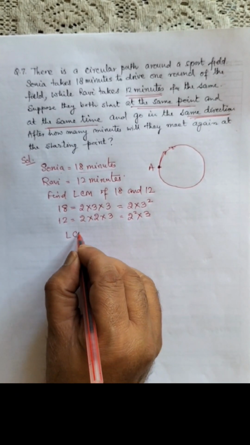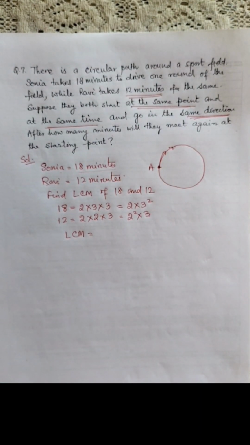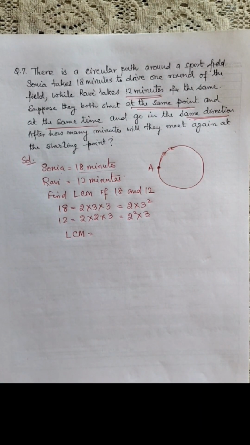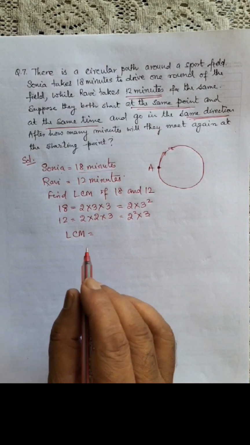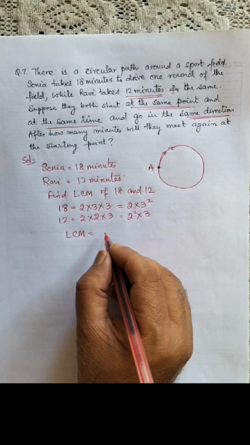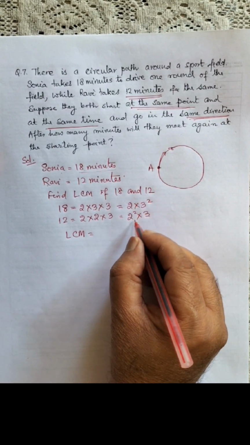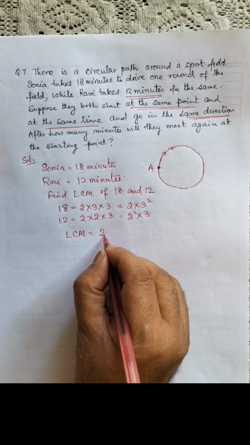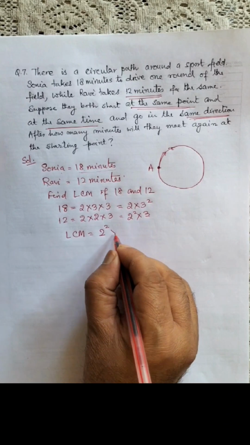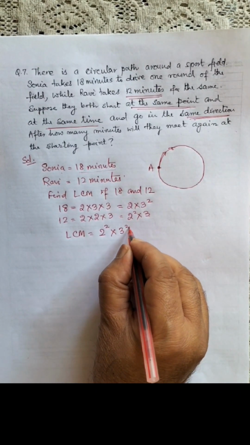Now LCM is the lowest common multiple. Remember, this is not a factor, this is a multiple. So we will take the highest power of each. Out of 2, the highest power is 2 square, and of 3, the highest power is 3 square.